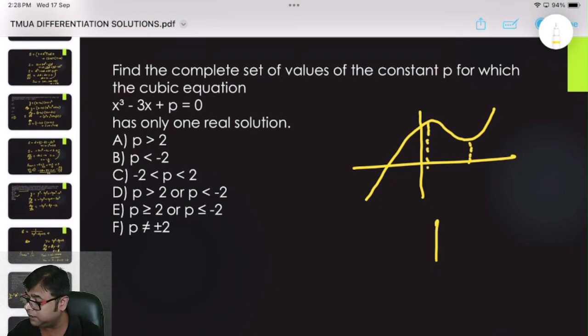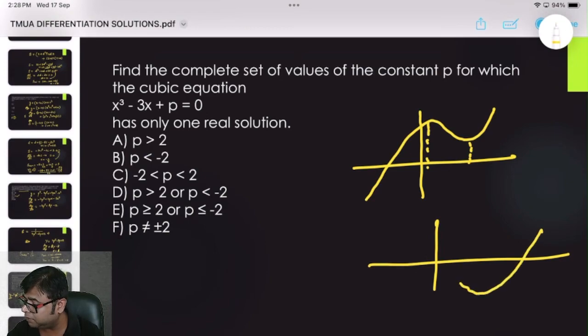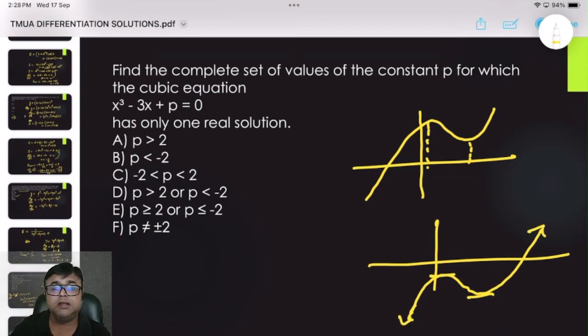One case. Second case can be it's like this, but maximum is this. So both the minimum value and the maximum value are negative. So under these two cases, we have the roots of this cubic only one.